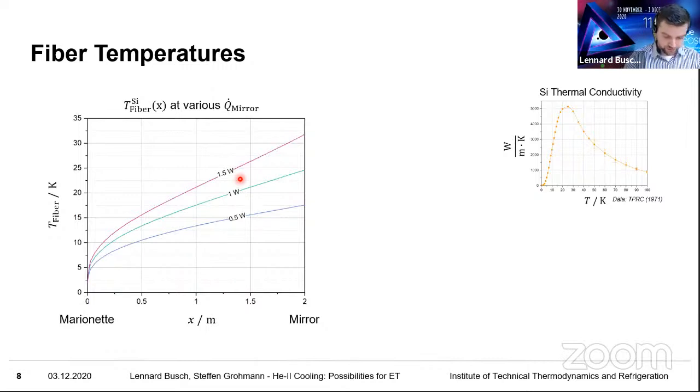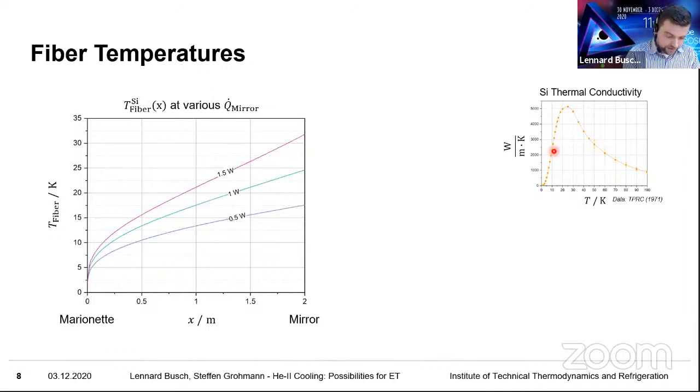If you look close to the cold end there, you're going to notice that there's obviously the largest temperature gradient, and it flattens out as you go closer to the mirror. That can simply be explained by looking at the thermal conductivity of silicon, which peaks at around 25 Kelvin, and in the 10 Kelvin range, you have a rapid decrease of it.